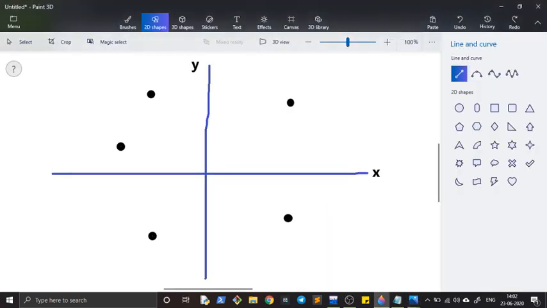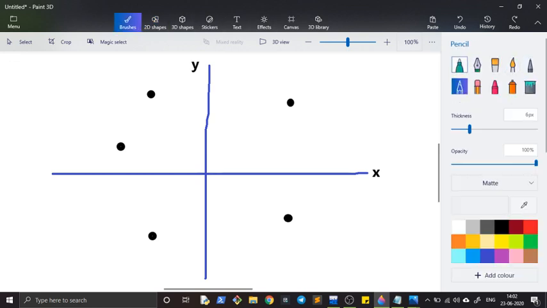So we have the coordinates of all these cars, and the origin is given here. We will just need to find out the distance from this point to origin, this point to origin, this point to origin, this point to origin, and at last this point to origin.